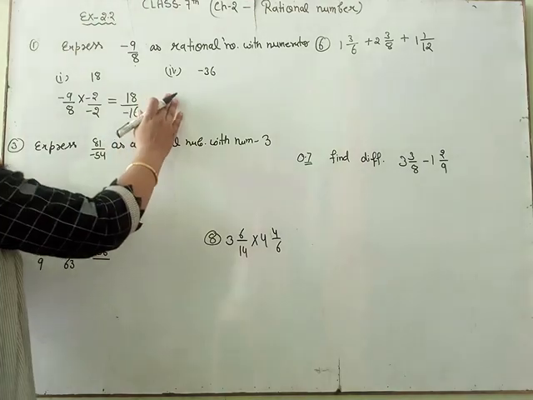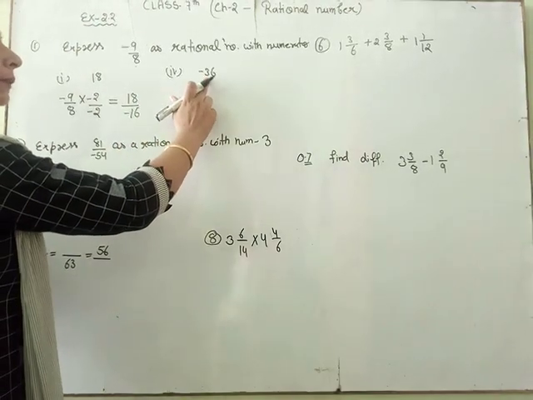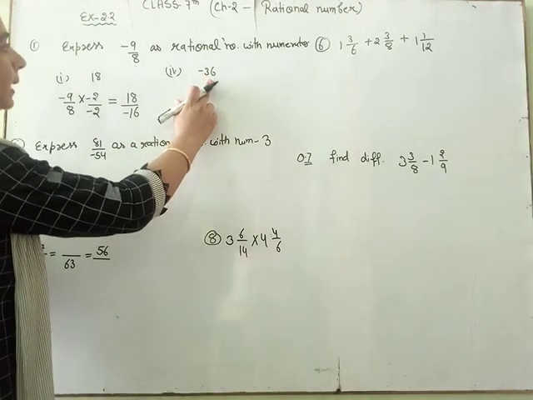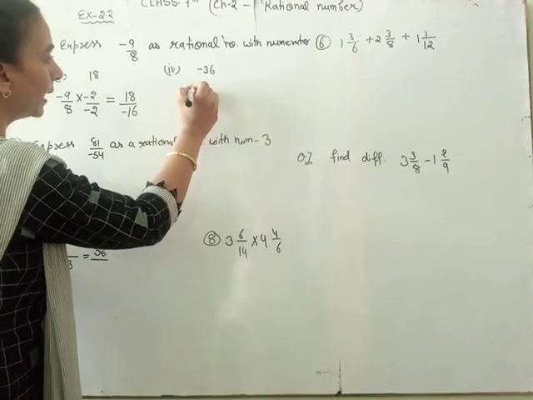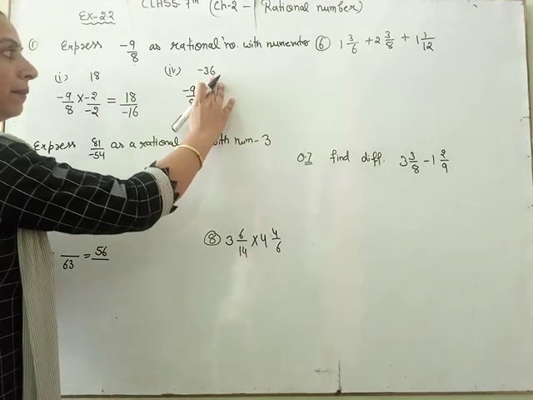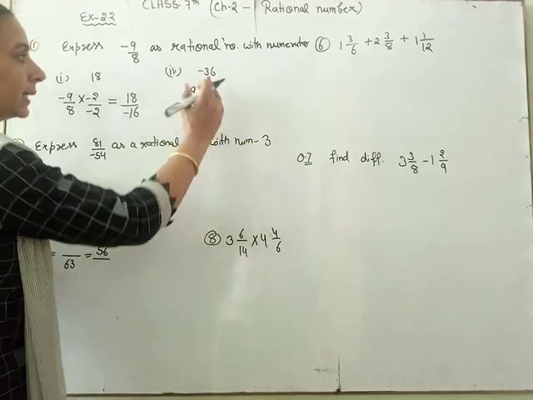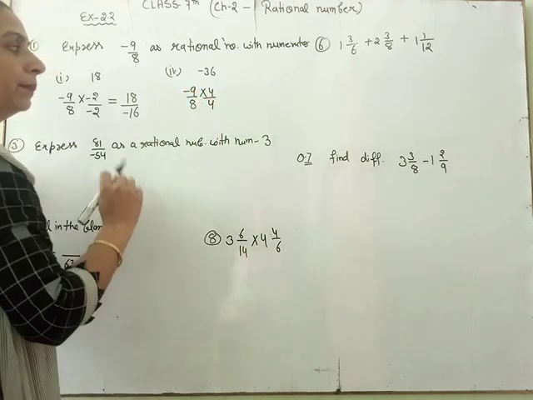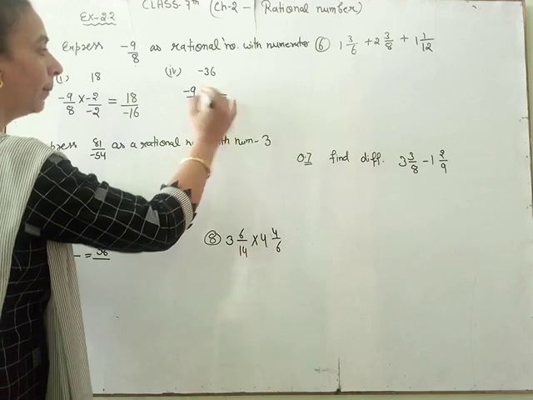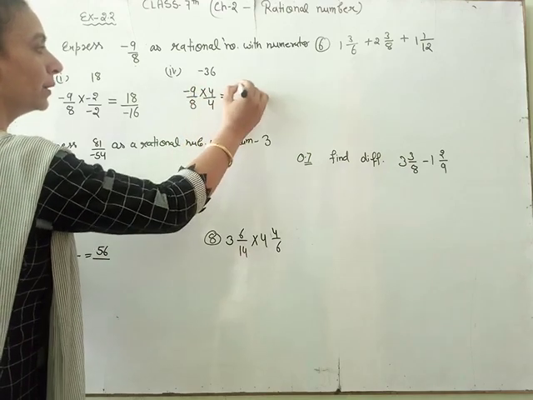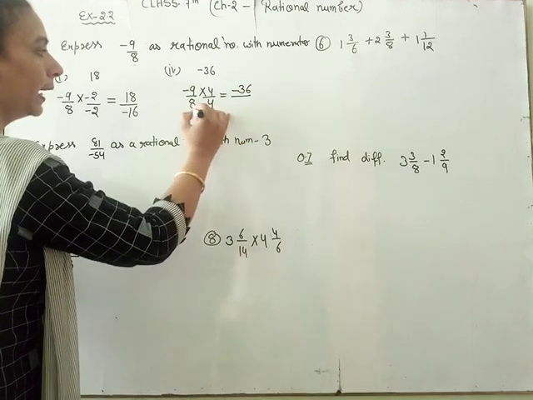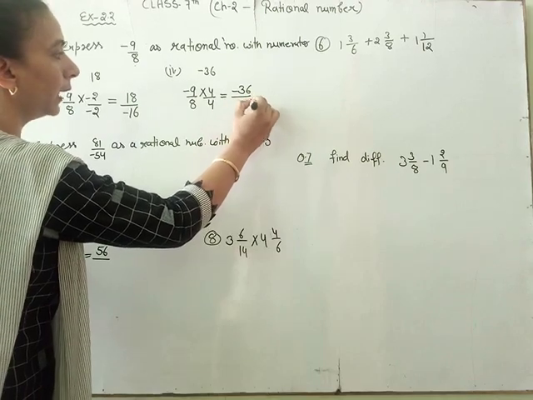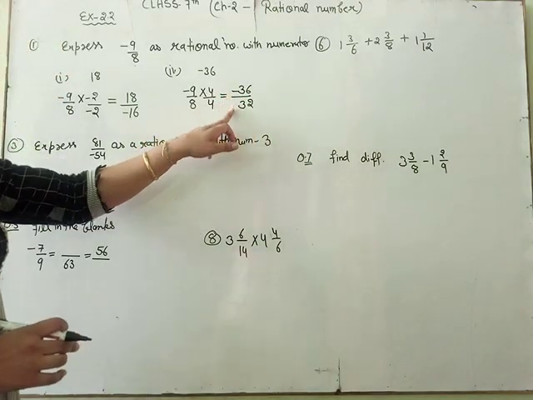Same in the fourth part, we find numerator minus 36 for the rational number minus 9 by 8. If we multiply numerator and denominator by 4, then minus 9 times 4 is minus 36, and 8 times 4 is 32, so minus 36 by 32.